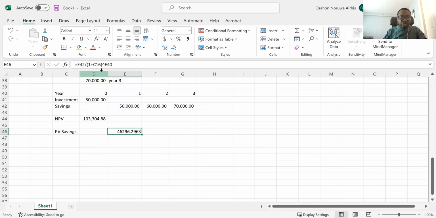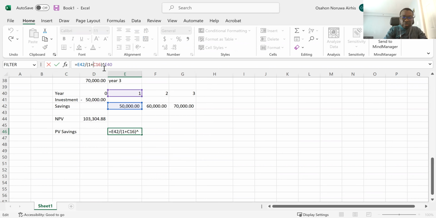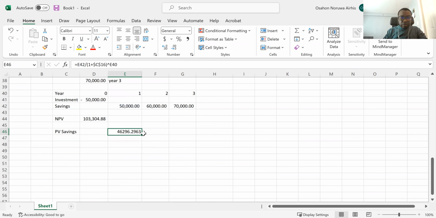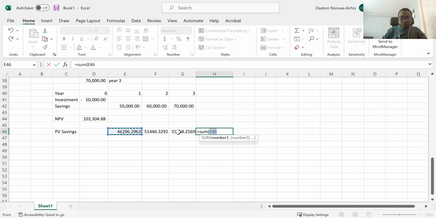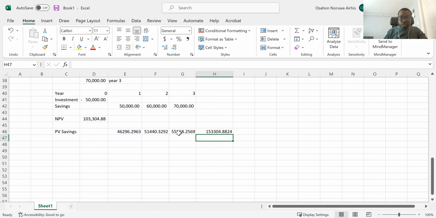C16 is constant, so I'm going to fix that. And then I'll just drag this one. If I sum this amount, the net present value for this expression is this amount. That's what it gives me.